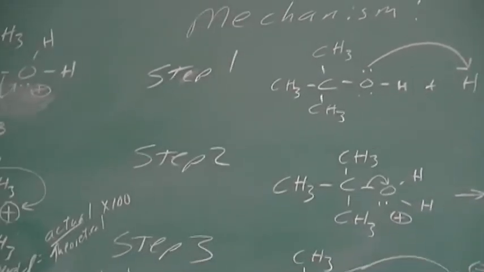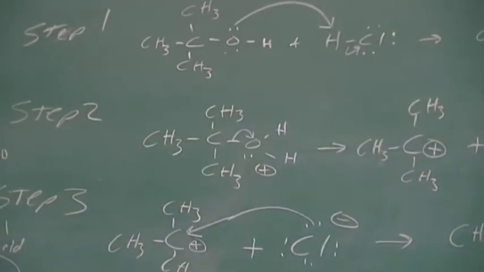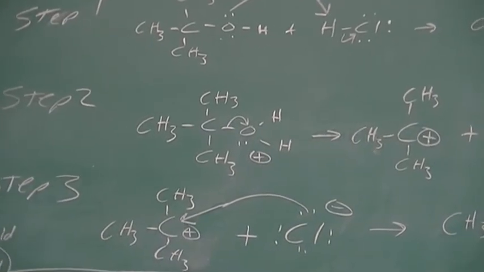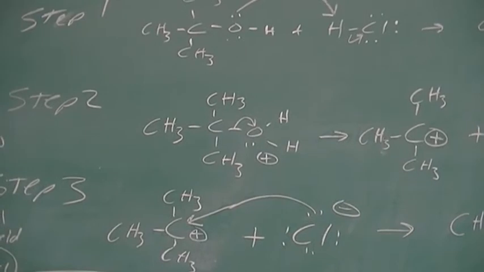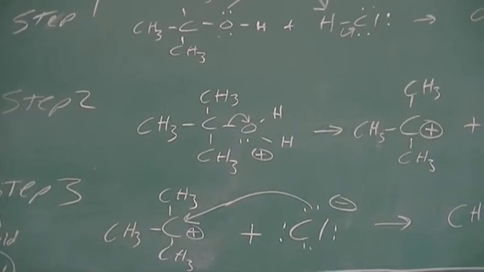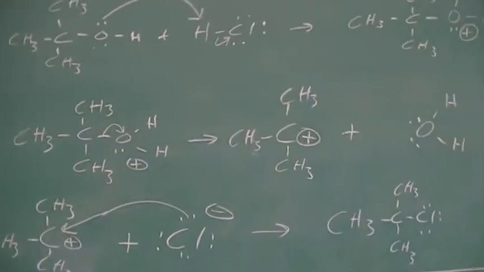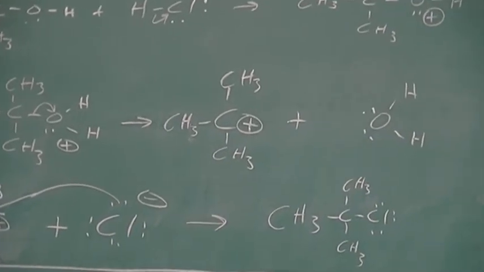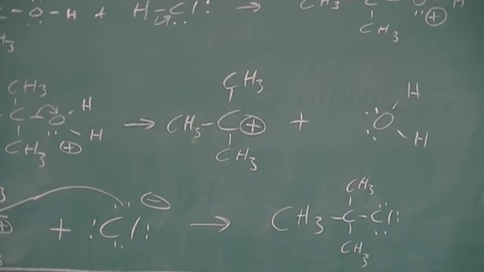Now you go to the second step, so step 2. Now we are going to have the water leave, and so the bond from that carbon oxygen is then broken, as shown there. And then you get your tertiary butyl cation, so the T-butyl cation.